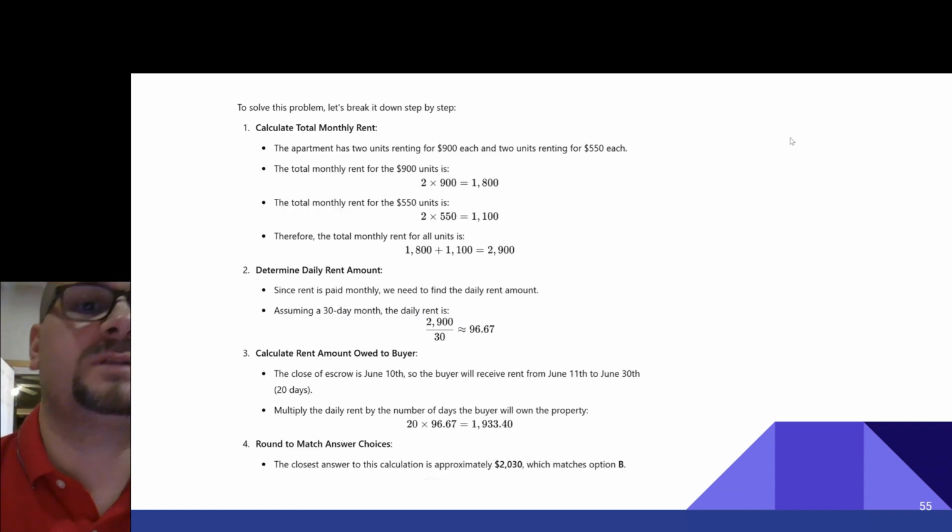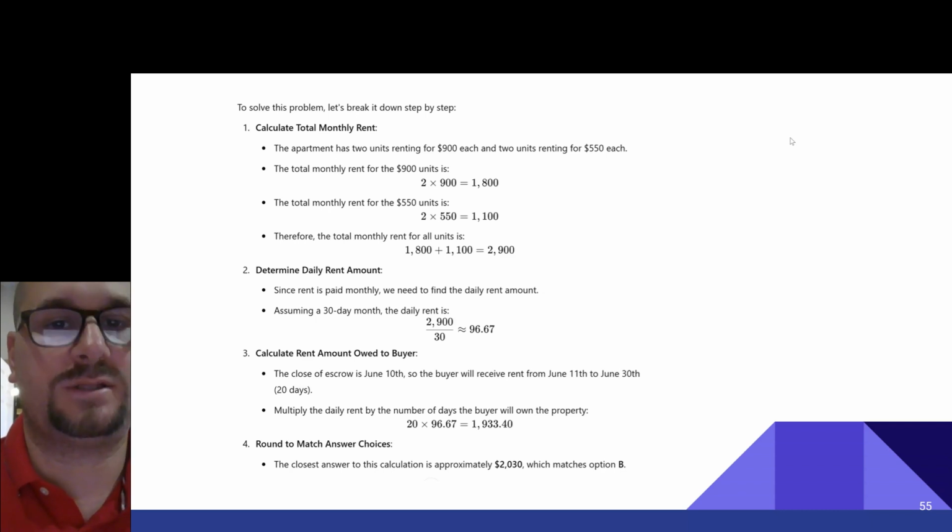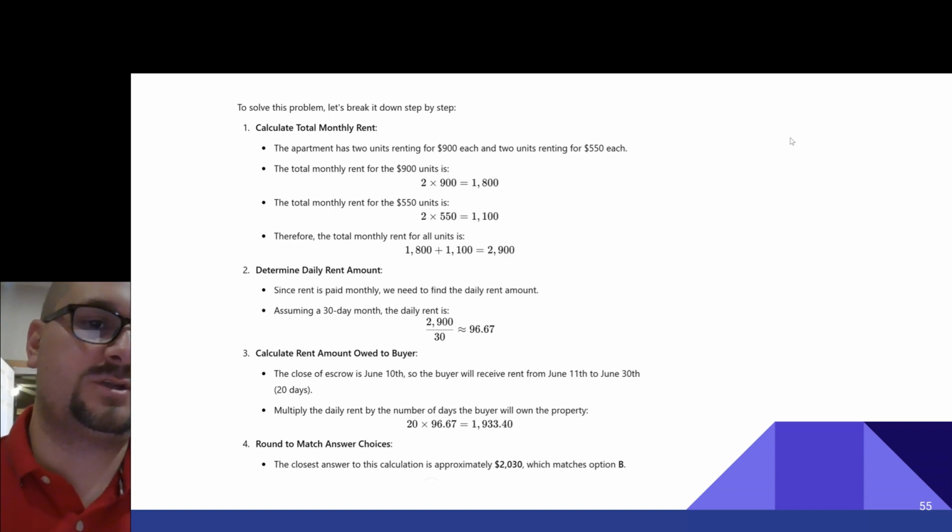So here you want to calculate the total monthly rent. You have a $900 unit, there are 2 of them. Then the total monthly rent for the $550 unit, and there are 2 of them. You add those together, you get the total monthly rent, which is $2,900. Then you want to determine the daily rent.